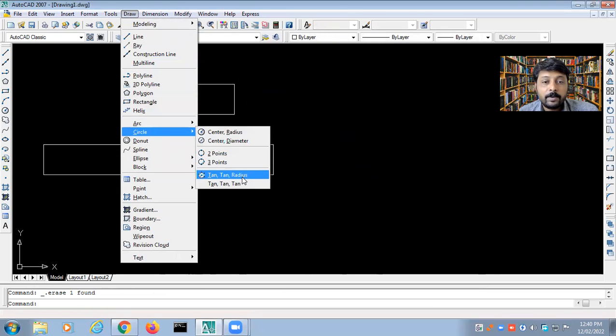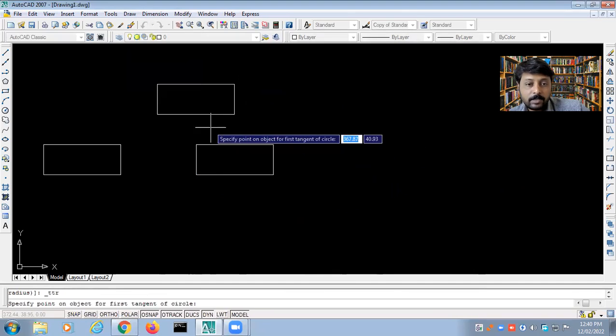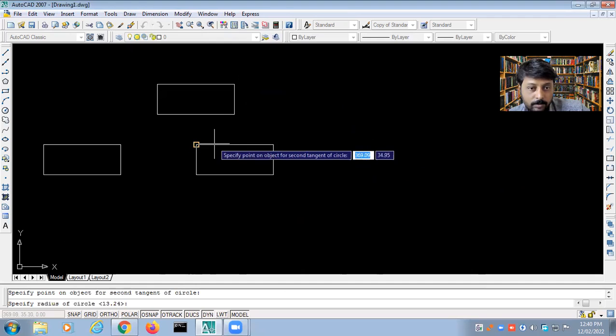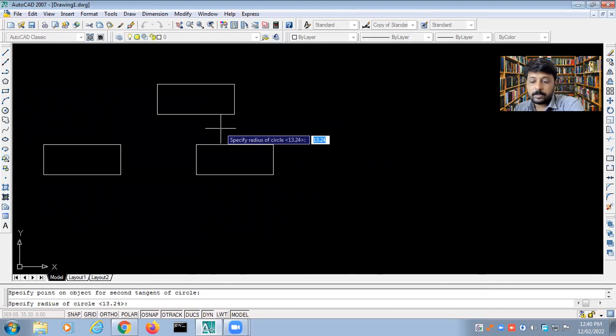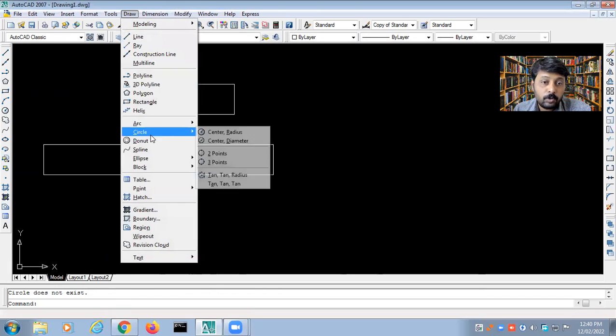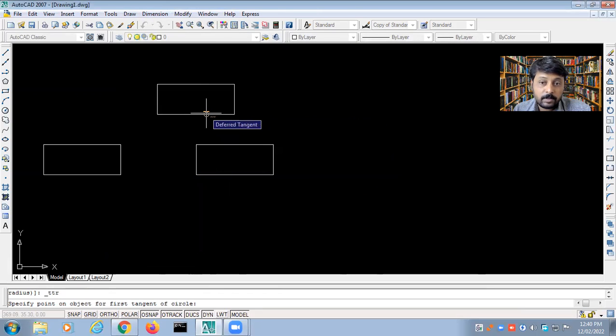Then we have tangent, tangent, radius. Now tangent means I want a circle which is tangent to this line, tangent to this line, and say circle radius of 5. It is not possible with this. So you should know how much distance is between these 2 lines.